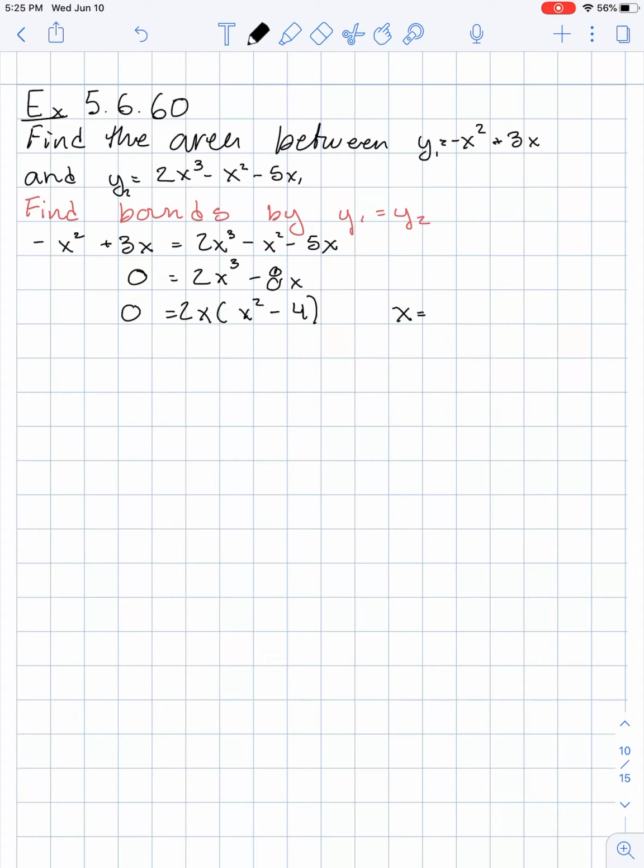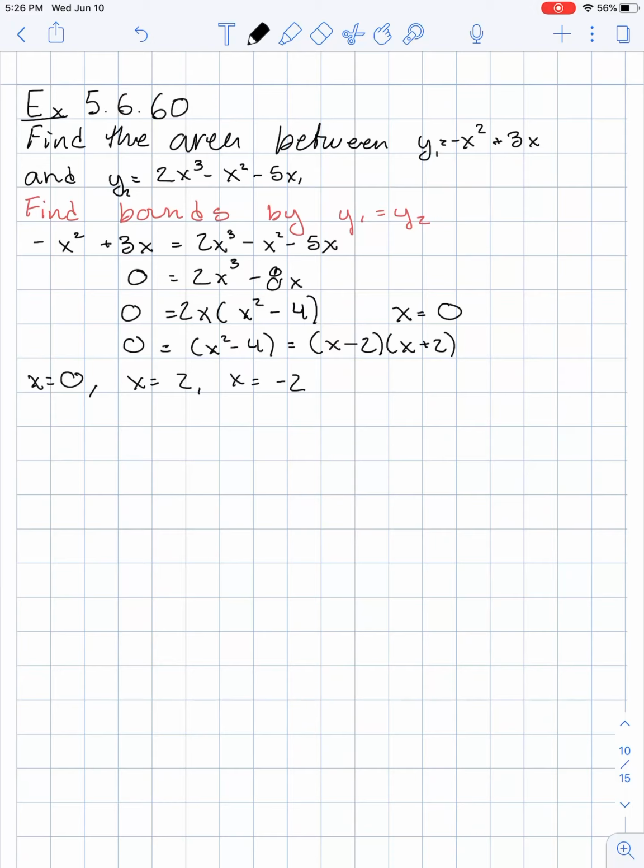Okay, cool. So that means that x will equal 0, and that x squared minus 4 equals 0. And that's the same as x minus 2, x plus 2, right? So now I also know that other than x equals 0, x will also equal 2, and x will equal -2.